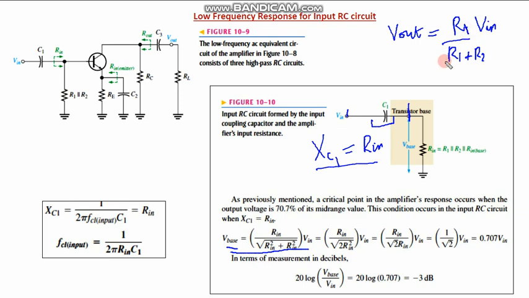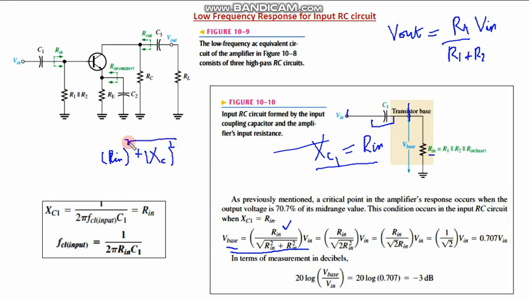Now V base is across Rin, so that is fine over here, and the denominator is basically the square root of the sum of the squares, Rin square plus XC square. It will be the total impedance in the circuit.